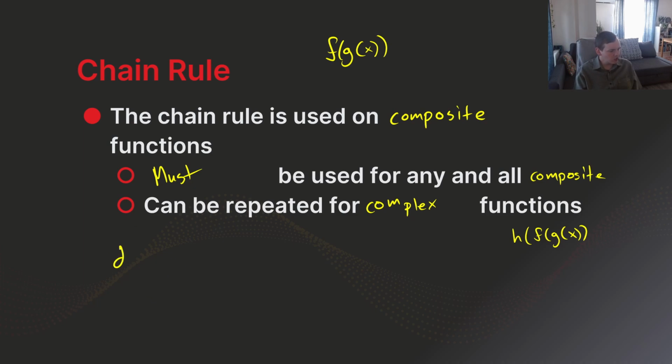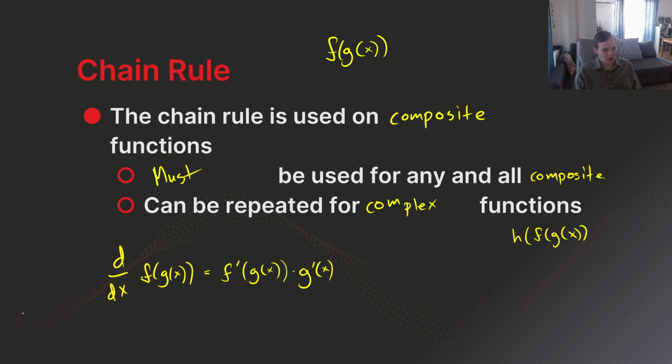Now, what is the chain rule? The chain rule is that the derivative of a composite function, f of g of x, the way that you do it is you take the derivative of the outer function, so the f prime, you plug in g of x, completely the same, and then you multiply by the derivative of the inner function.